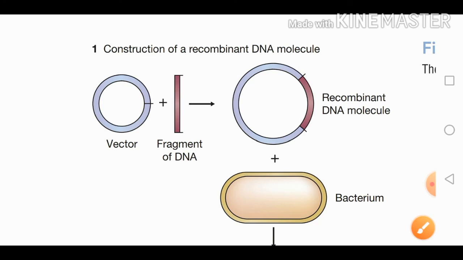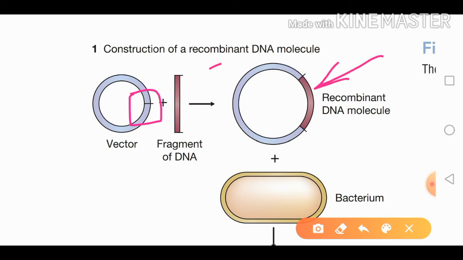So let's see this particular point where the vector DNA is cut by a specific restriction endonuclease enzyme, and then the desired DNA is inserted.